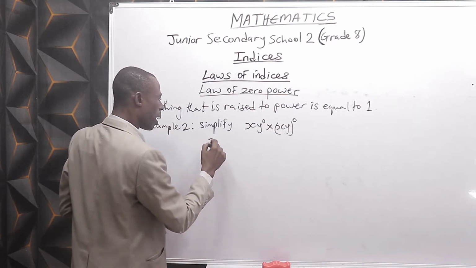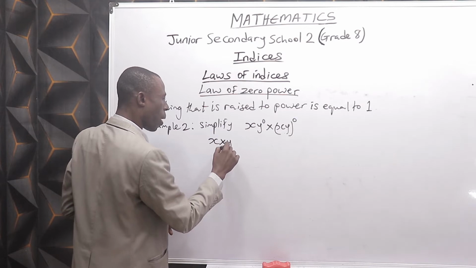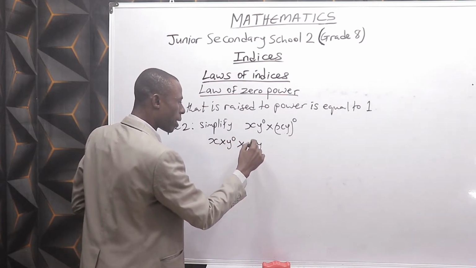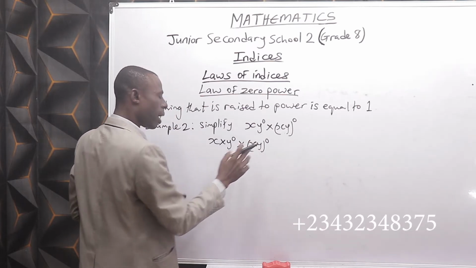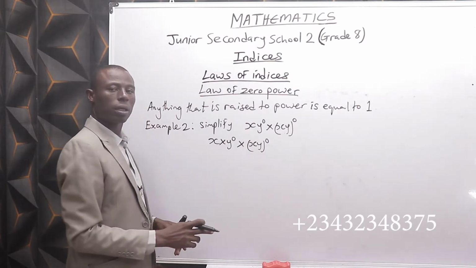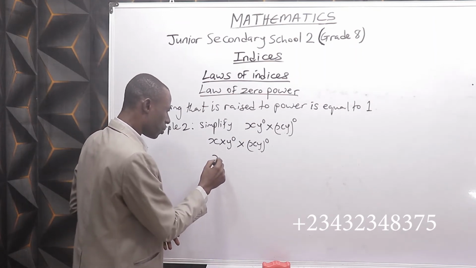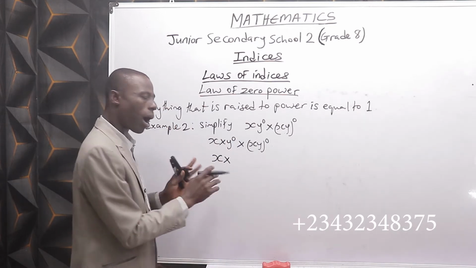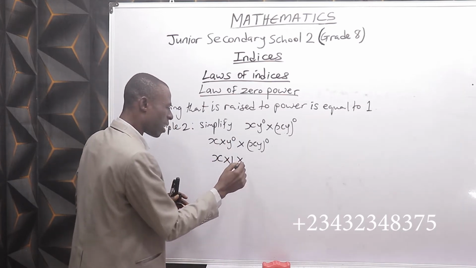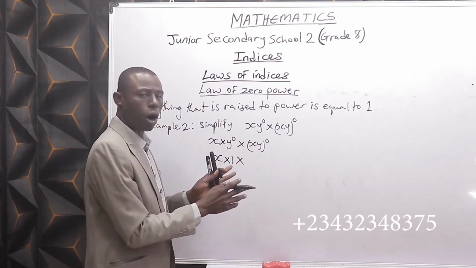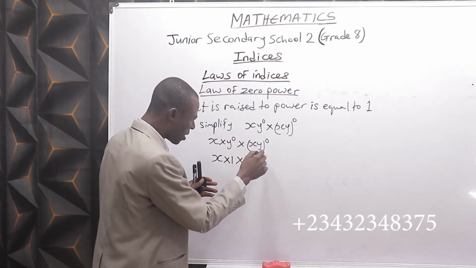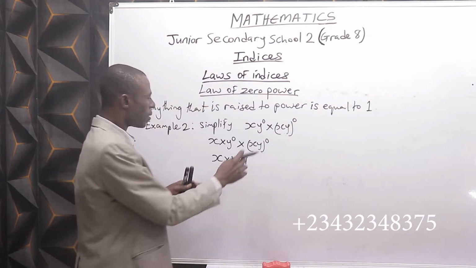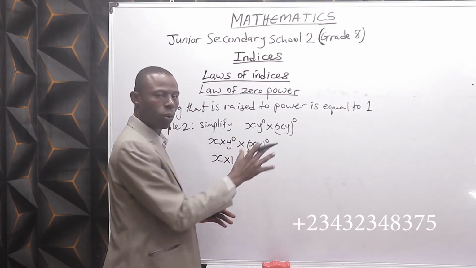As you can see, this is x times y raised to power 0 times (xy) in bracket raised to power 0. I rewrite by splitting this. So x is x, times y raised to power 0 is 1, put 1, times (xy) in bracket, all raised to power 0, the whole bracket, everything inside the bracket equals 1, because the power 0 is on x and y together.